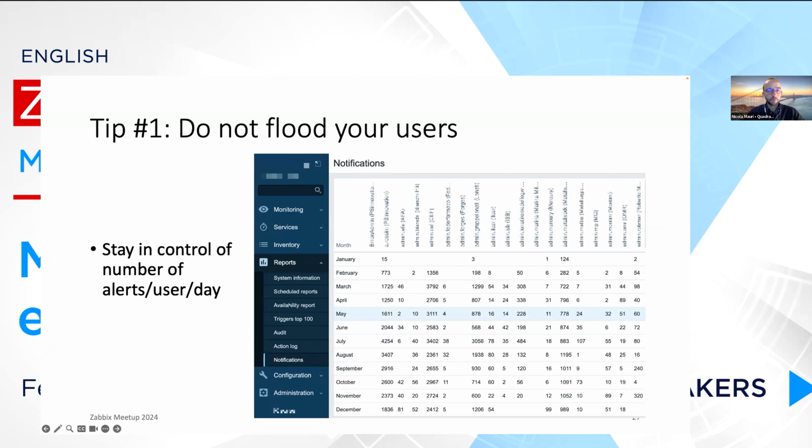In the reports notification page, there is a useful report which shows how many alerts each user has received in a day, in a week, in a month, and you should regularly watch this report because some researchers have shown that a person who is not devoted to monitoring will not be able to handle more than 20 or 30 alerts per day.